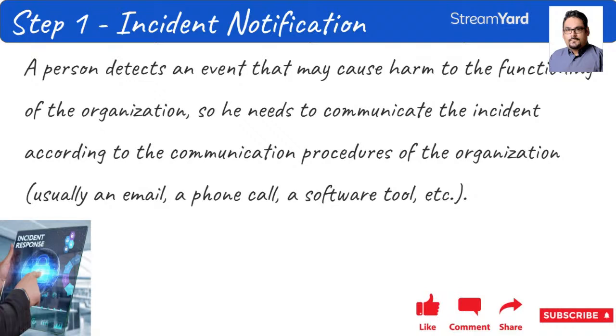Here, you must define where the users can contact. They can either call, you have to give the number where they have to call. Do they have to call the service desk, the help desk, or you have a dedicated SOC team that you want to take this call? Whatever details are there, you have to lay it out for the users so that they can do the incident notification process.